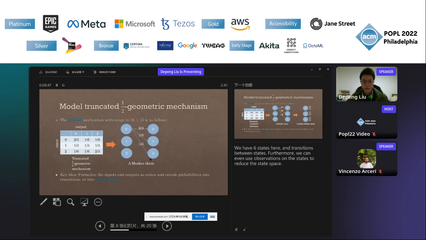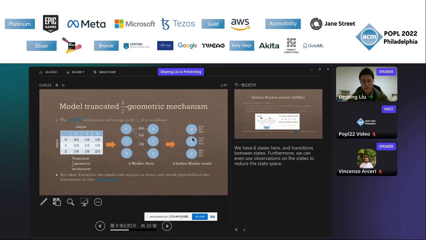This is actually a Markov chain model. And furthermore, we can even use observations on the states to reduce the state space. That is, in state 0, we have probability 2/3 of observing 0, 1/6 of observing 1, and also 1/6 of observing 2. Here's actually a hidden Markov model. So the key idea to model the mechanism is to formalize the inputs and outputs as states, and we encode probabilities into transitions or into observations.